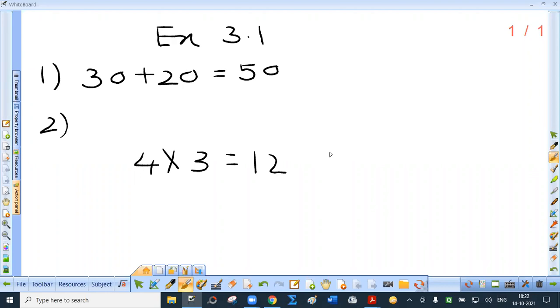Therefore, by fundamental principle of multiplication, the total number of signals generated equals 4 into 3 equal to 12.